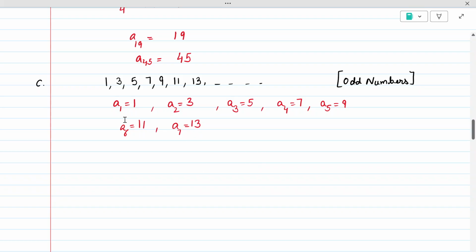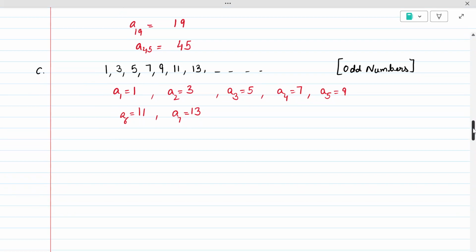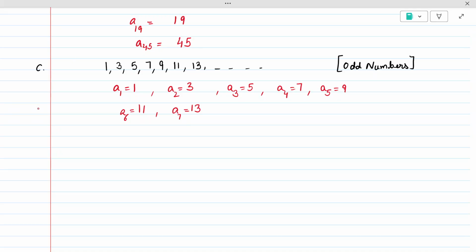So these are the different positions and these are the numbers. And now coming to the pattern, this sequence will follow the odd number pattern.